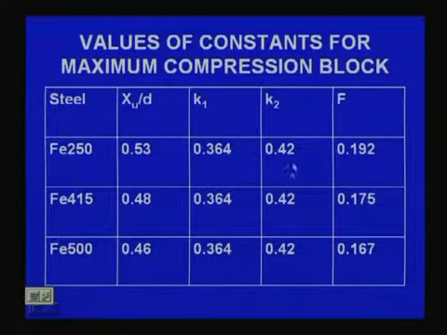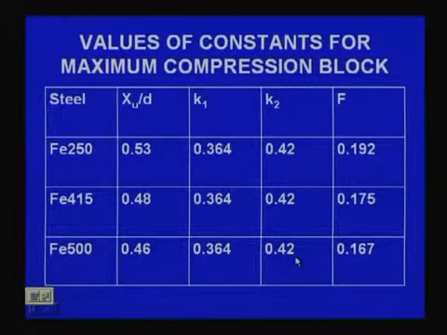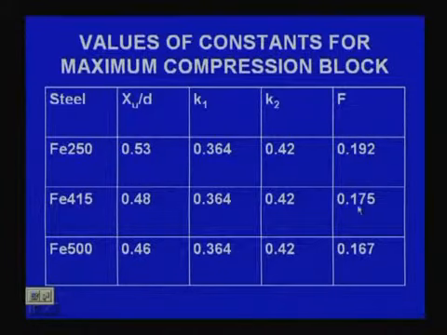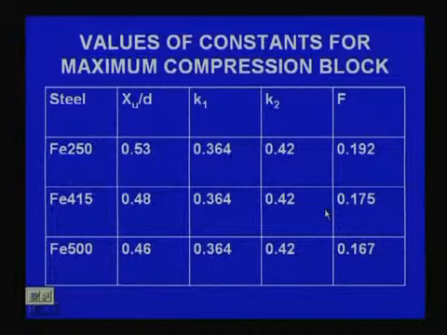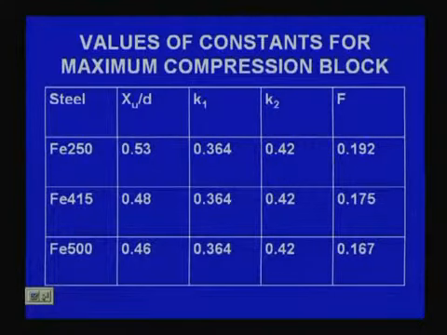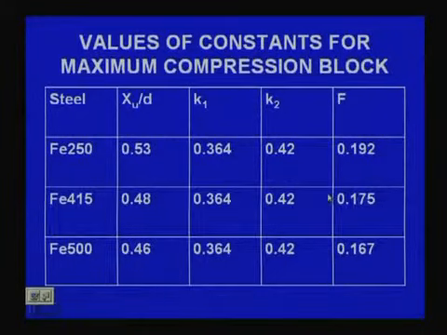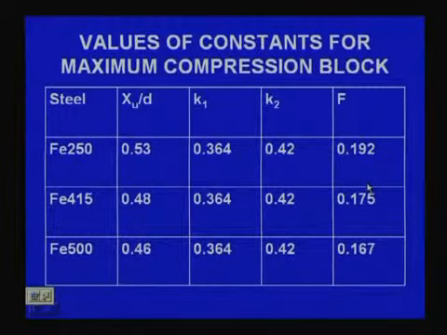Similarly K2 is also the same, 0.42, for all the cases, and F is 0.192, 0.175 and 0.167. For different steel we are getting different limiting values. We should at least note down 0.175.